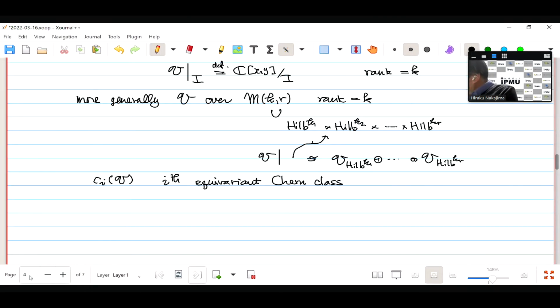So I'm not sure you know what the Chern class is, but anyway, if you have a vector bundle on some space, you can assign a cohomology class of degree 2i on the base. But maybe I didn't mention that the torus action on M_{K,R} lifts.